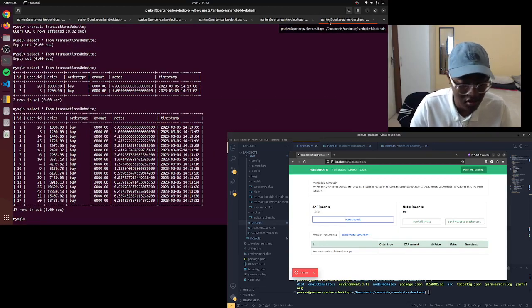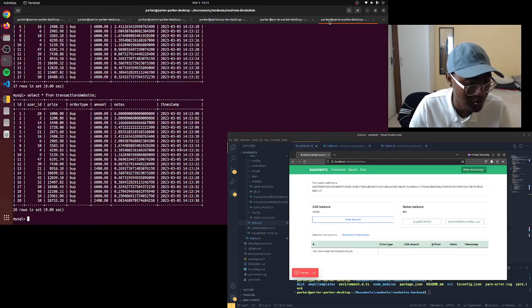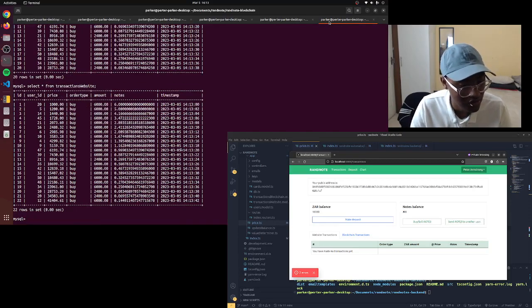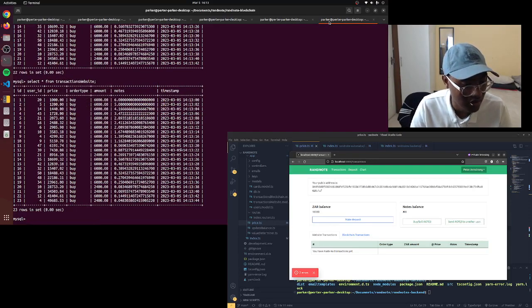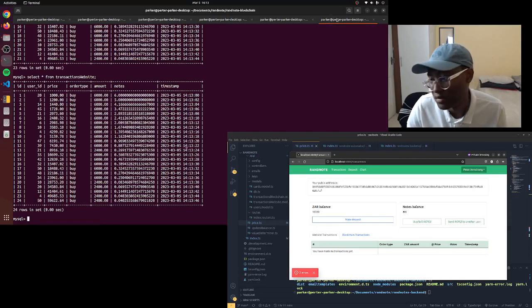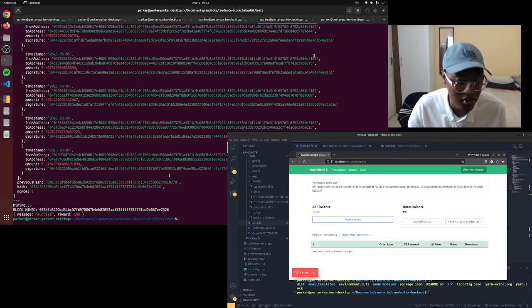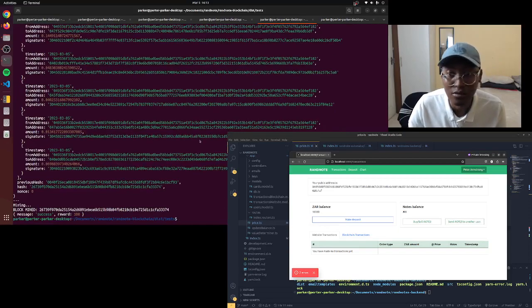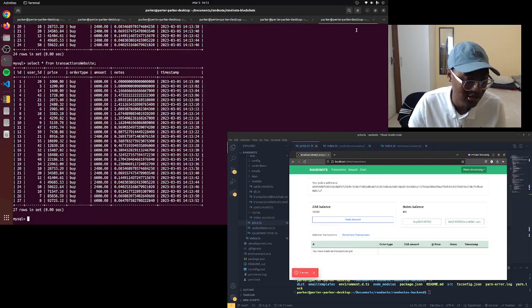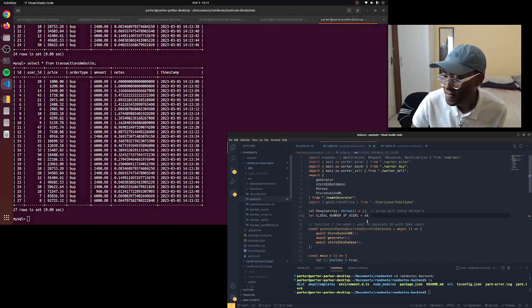Price is at 18,000. Now it's at 28,000. Now it's at 41,000. Still no mining. Oh my goodness. Still no price change. So still no selling. So we mined again. Oh my goodness. Did I mess up something now? Bro.